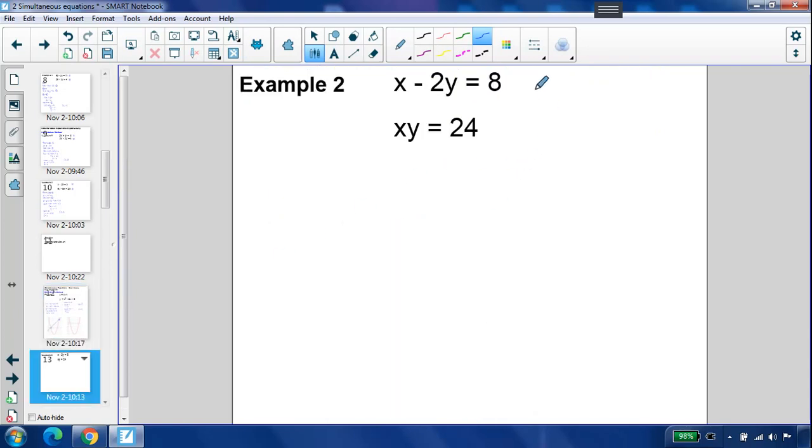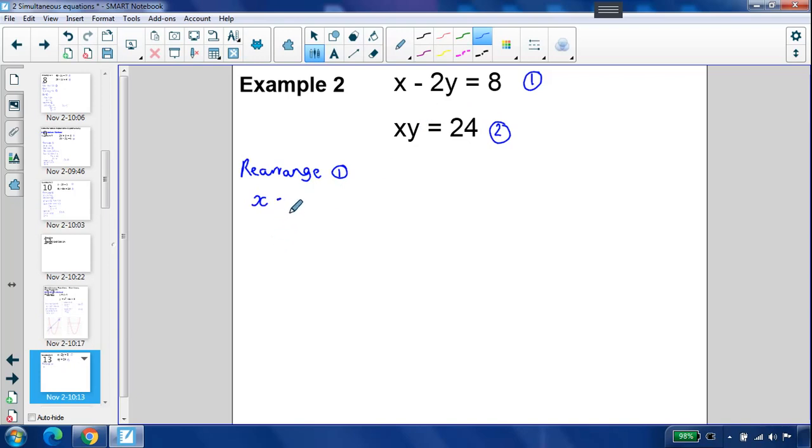Let's have a look at another example. So equation 1 is linear, equation 2 is nonlinear. So I am going to rearrange equation 1. Now I'm going to make x the subject. So I'm going to move the minus 2y over to the other side.